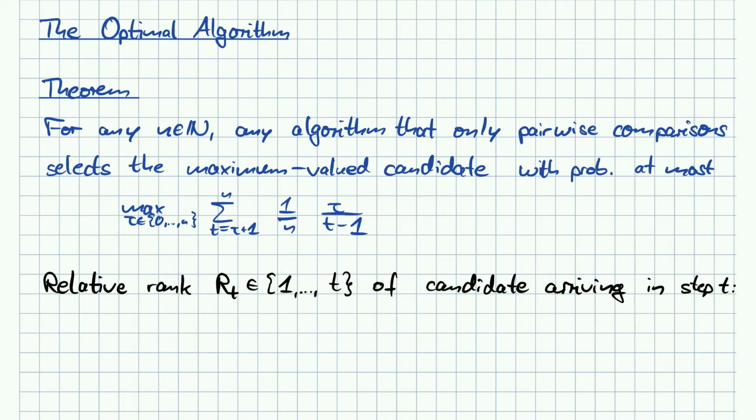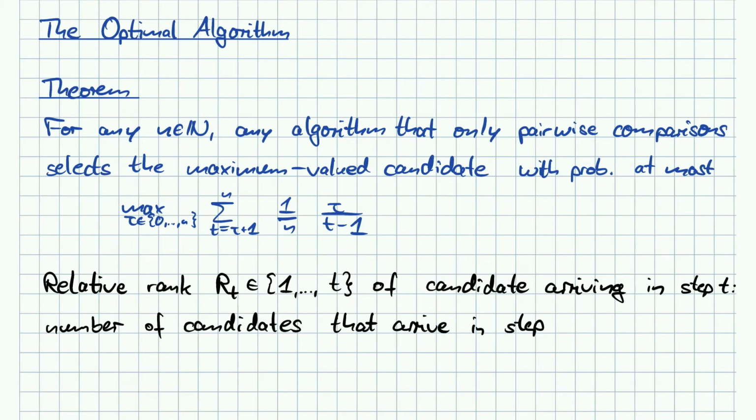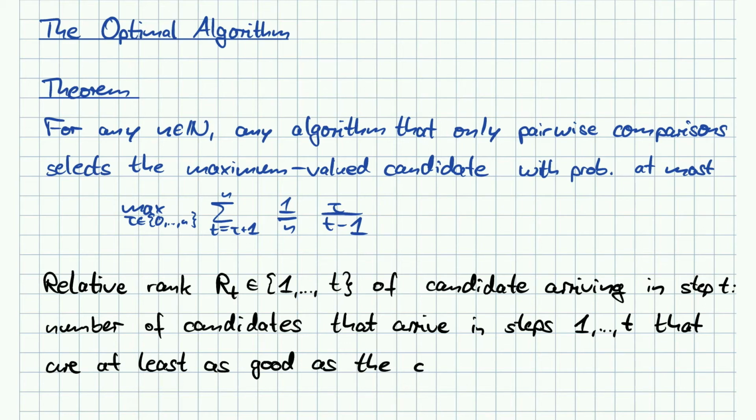This is the number of candidates that arrive in steps 1 through t that are at least as good as the candidate arriving at t.